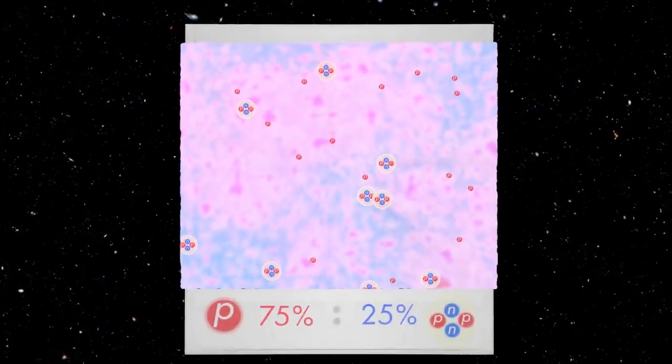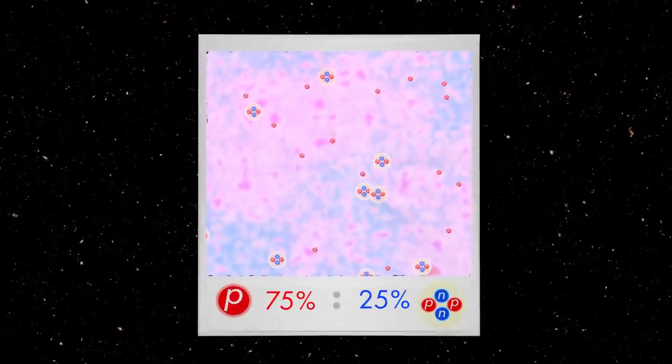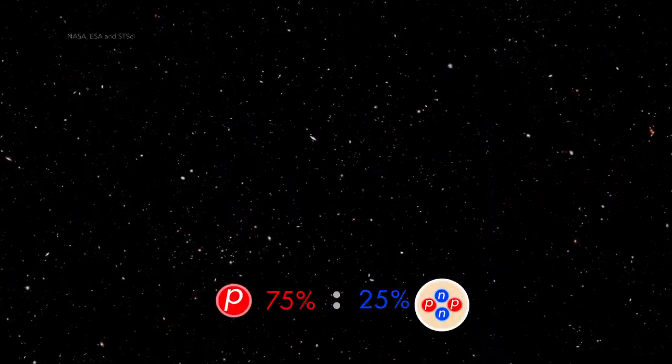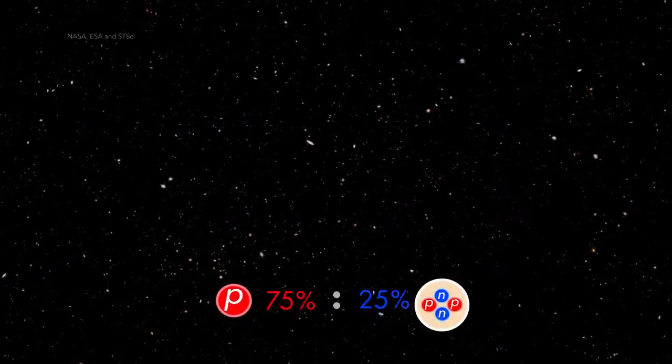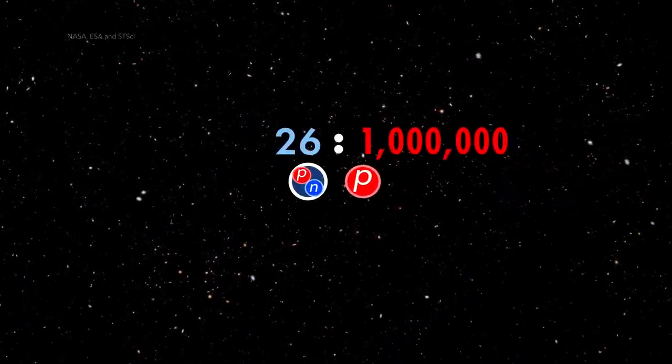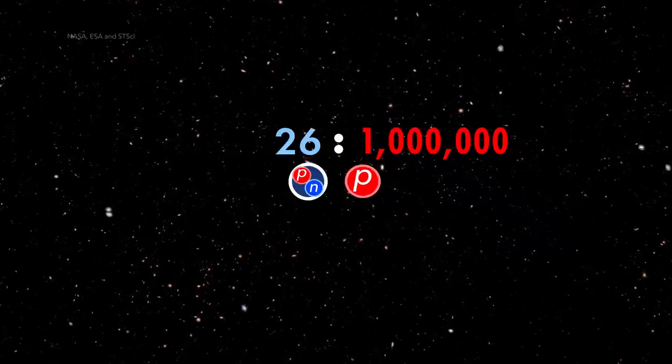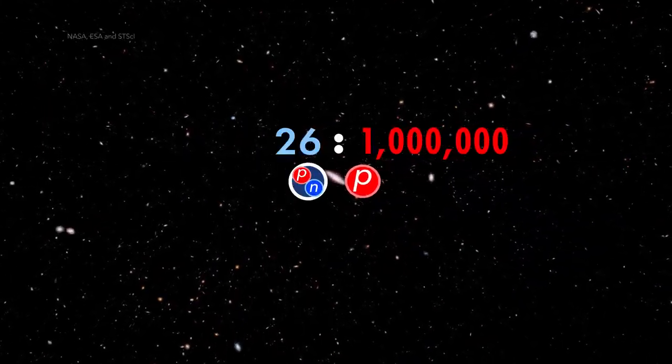And so at this point, the elemental abundances were locked in, like a snapshot of this moment. There was 75% hydrogen and 25% helium by mass, which is basically still what we observe in the universe today. Of the hydrogen nuclei, 26 out of every million were deuterium.